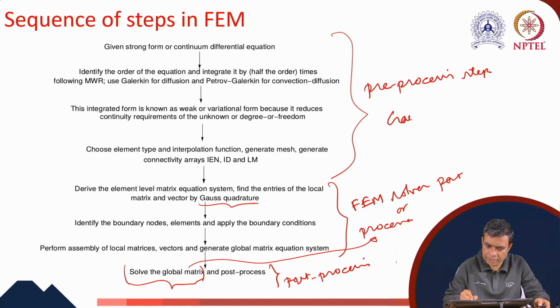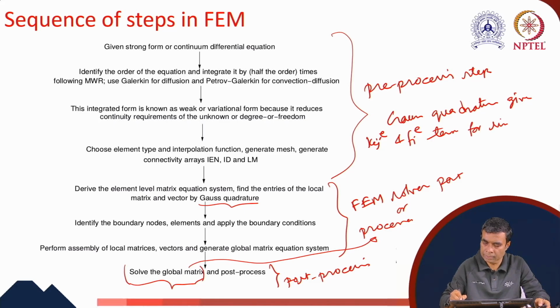So Gauss quadrature, this is a numerical integration procedure that gives Kij^e and Fi^e terms for simple or complex geometry problems.